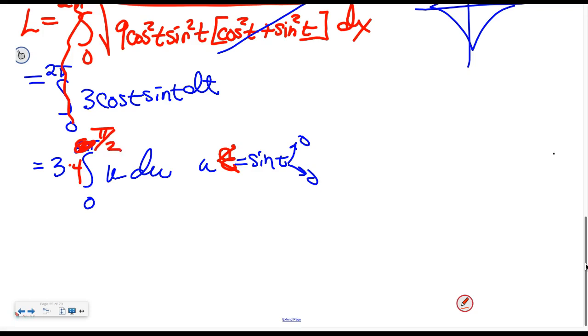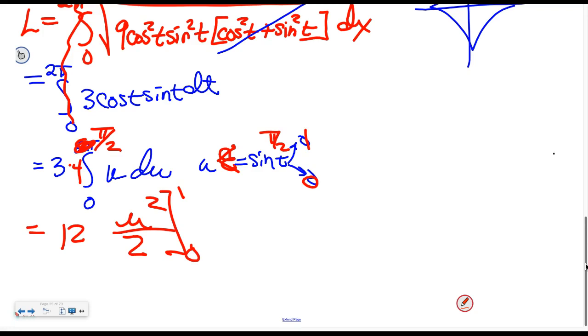So the actual answer to this is u squared over 2, I have a 12 out front, and I'm going from 0 to, change the limits, right? 0 to what, sine of pi over 2? 1. Now, I will tell you, I have a linkage error. Find it. I'm kind of trying to keep you on your toes here and keep myself on my toes.